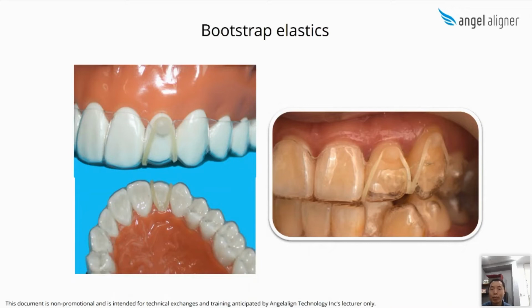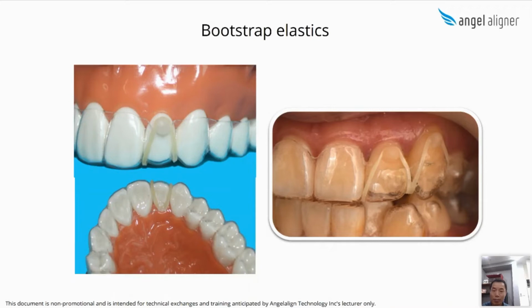So you can make a cutout on the lingual gingival and labial gingival edge of the aligner and bond a clear button on the lingual and labial side of the tooth and use a 1/16-inch, 3.5 ounce elastic from the labial button over the edge to the lingual button, just like this.